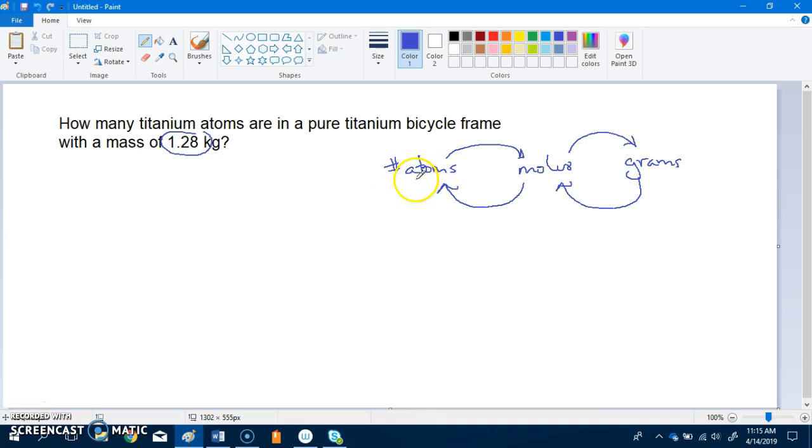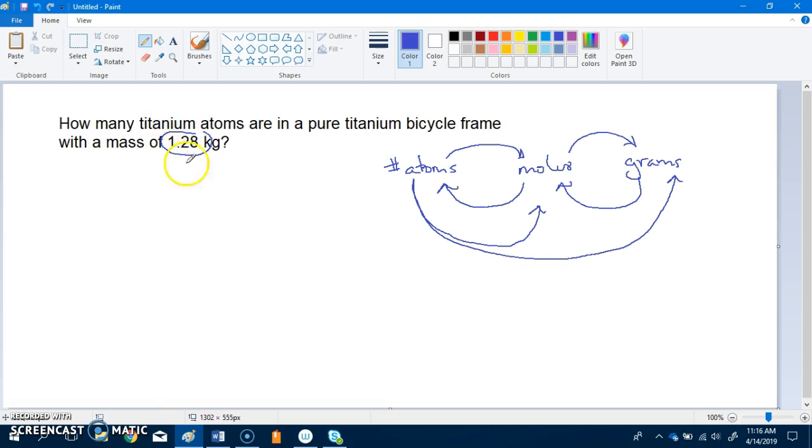But if we're going from atoms and we're skipping moles, we actually have to go to moles first and then to grams. So this means we're going to be using two conversion factors. I always like to write atoms, moles, grams, or molecules, moles, and grams, because this helps me plan out what my equation is going to be. Because we have to hop from atoms to moles and moles to grams, I'm going to be using at least two conversion factors.